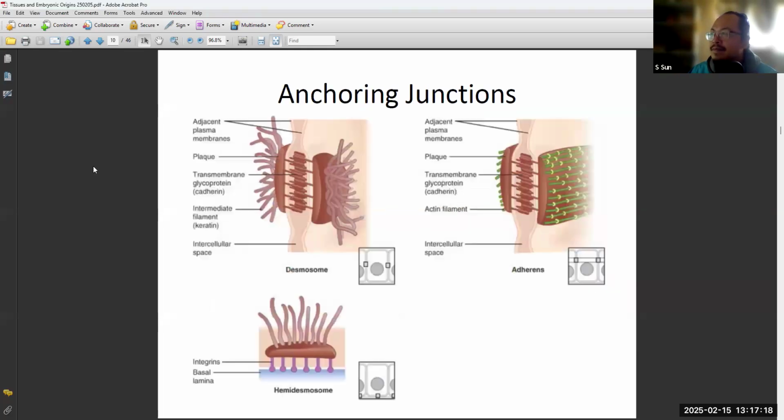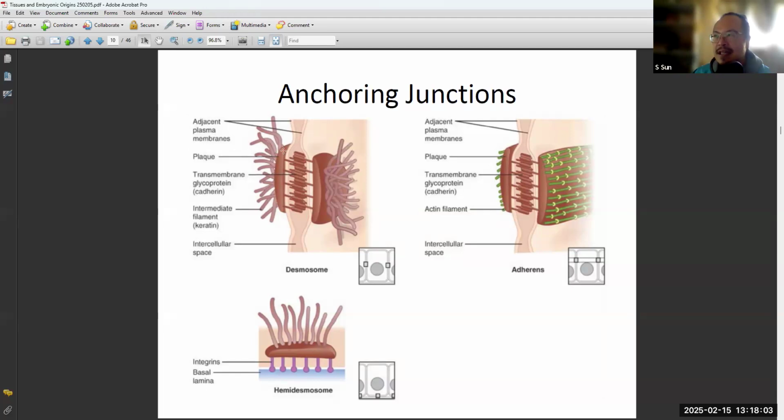We also have anchoring junctions. In addition to those, we can have something more complicated, where not only are cells tied together, these proteins also provide the anchor of the cytoskeleton. In our earlier lecture, we learned that there are three types of cytoskeleton: microfilaments formed by actin, intermediate filaments, and microtubules formed by tubulin.